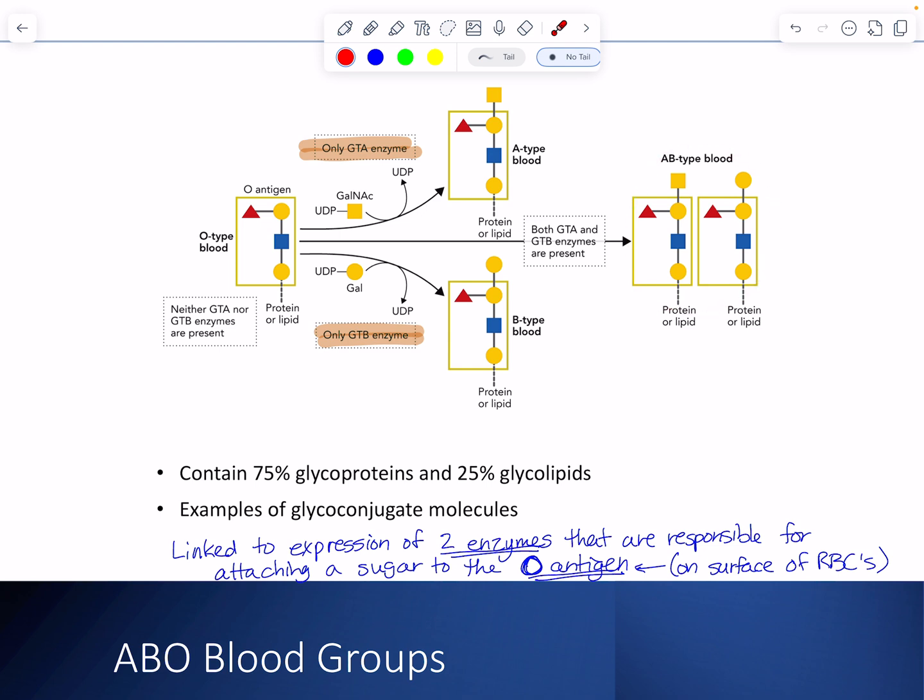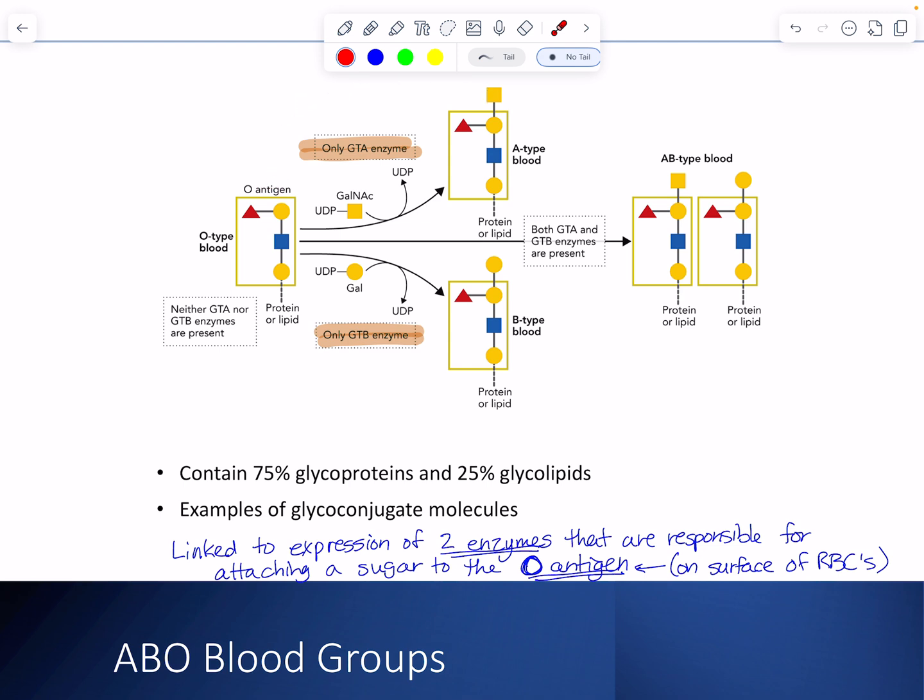So what this means is you will react to anything that doesn't look like something you have in your blood. I have type A blood, and so I can get blood from an O donor because the O donor has the same core as I do. I cannot give blood to somebody with type O blood because I have this N-acetylglucosamine up here that they don't have, and their immune system's going to react to that.